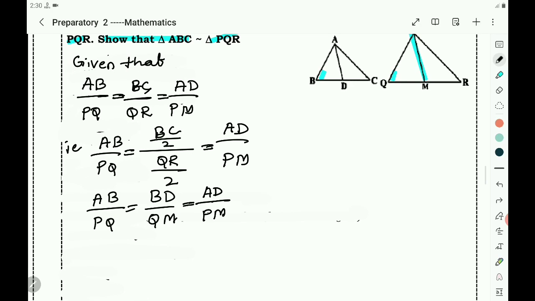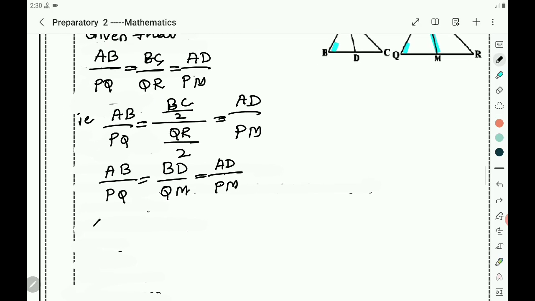Write that triangle ABD is similar to triangle PQM, that is according to SSS similarity criteria.